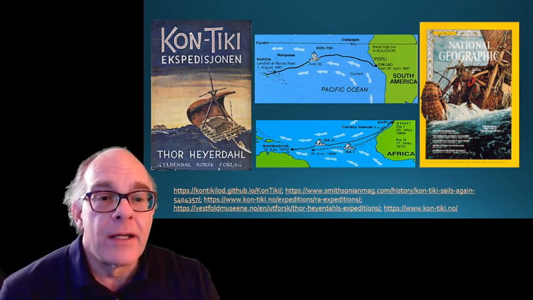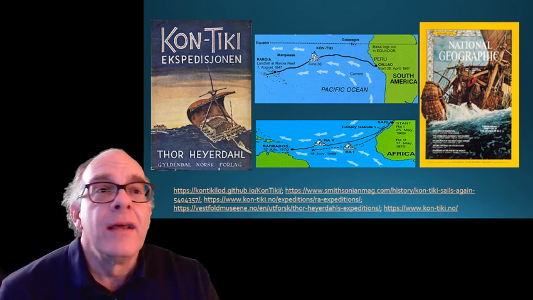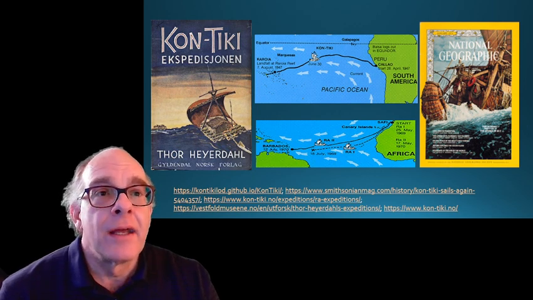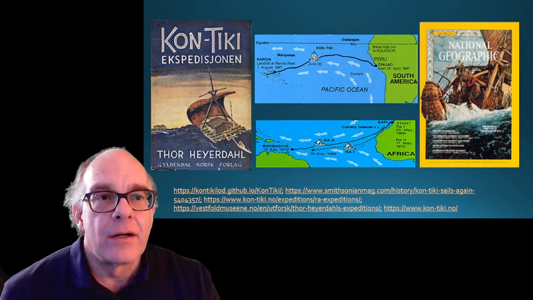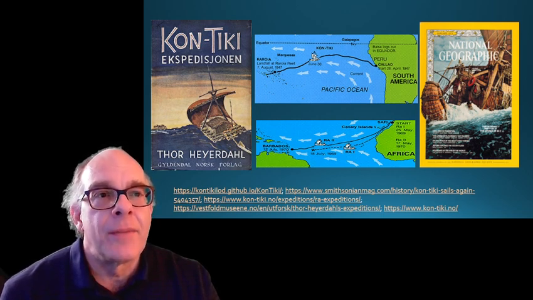A few years later, in 1969 and 70, he tested that hypothesis again because he saw similarities with some of the Egyptian activities, monuments, and cultural aspects that were repeated in areas of South America.